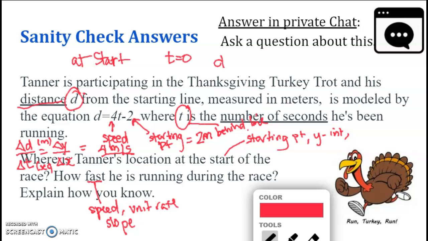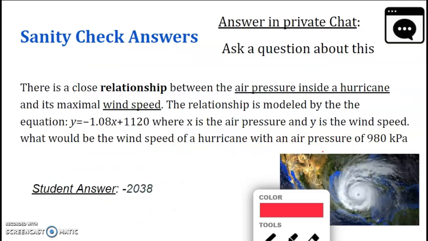And this tells me distance is 4 times 0 minus 2. 4 times 0, anything times 0 is 0, minus 2 is just negative 2. So this tells me the starting point is 2 meters behind the start line, and that's what we had as well.